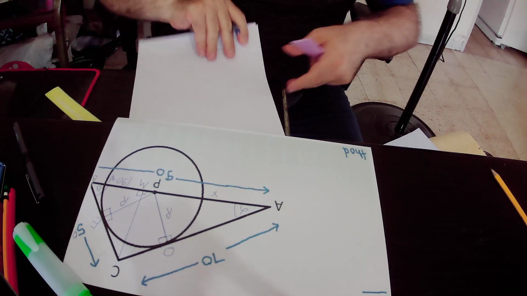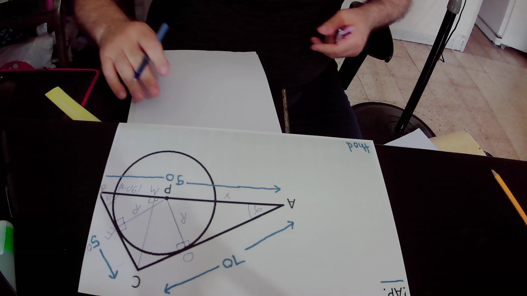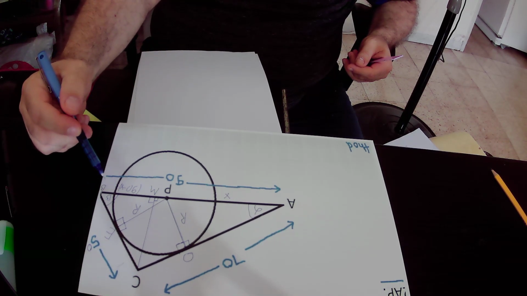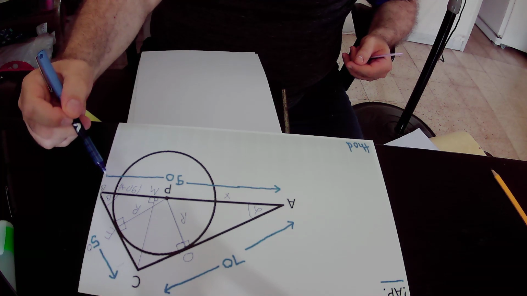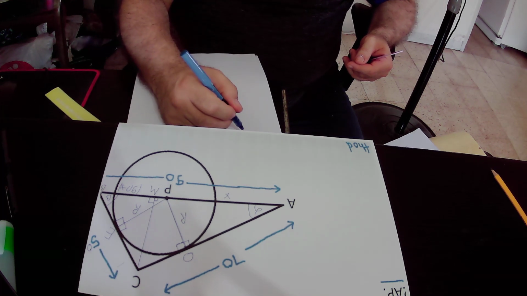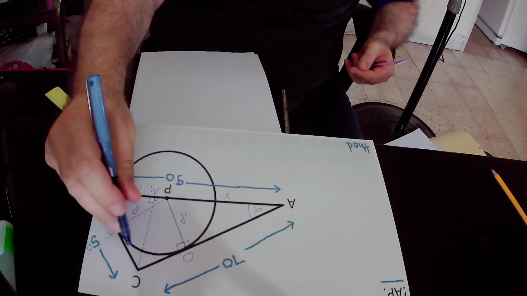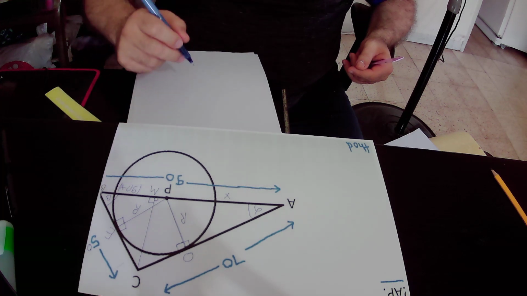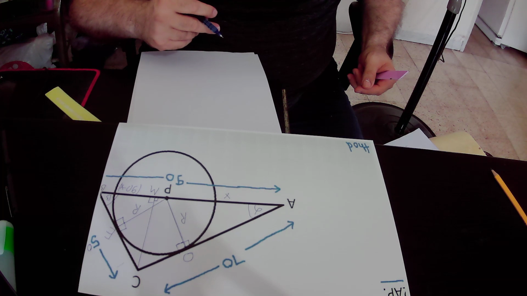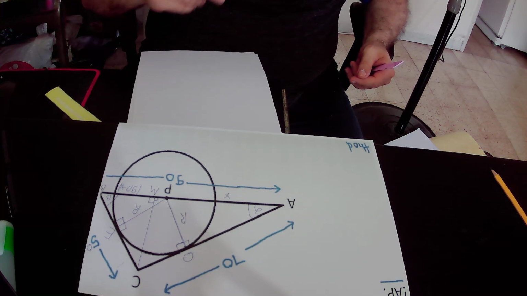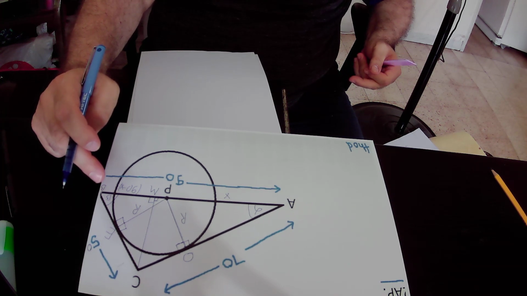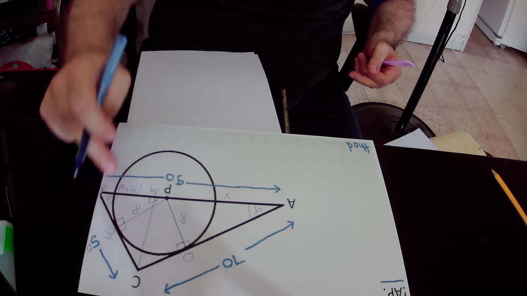Now we look at triangle BCM. First of all we look at the right triangle BEP.